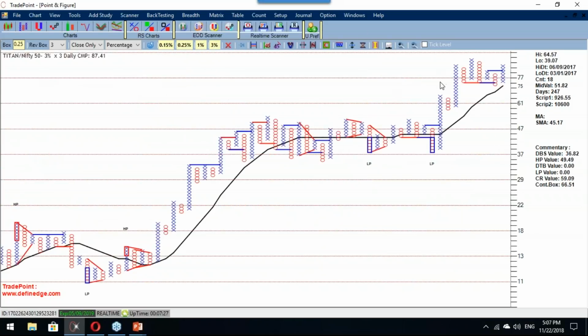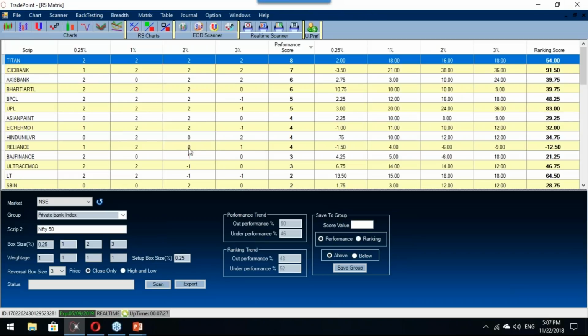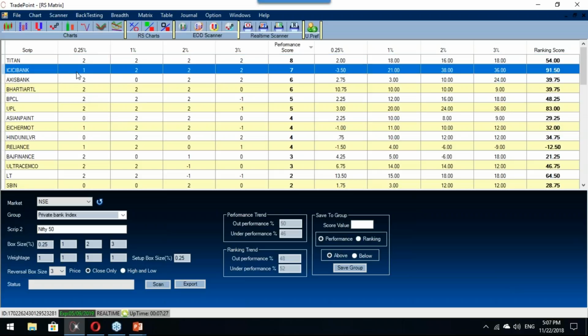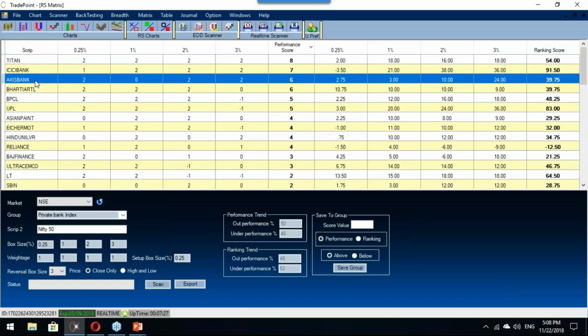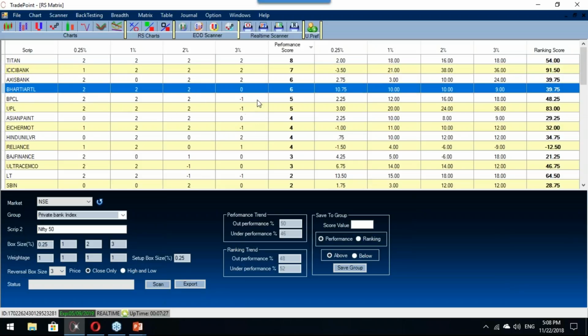If you choose 2%, there also you will find a buy signal and a price in a column of X. Is it clear, guys? Any confusion? ICICI Bank is number two, and Axis Bank is number three. So you can look at it.